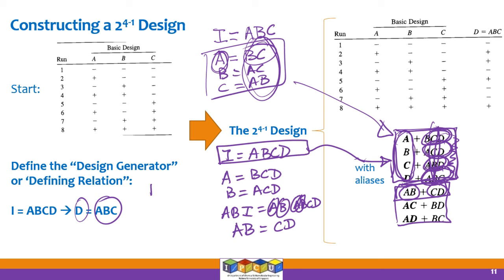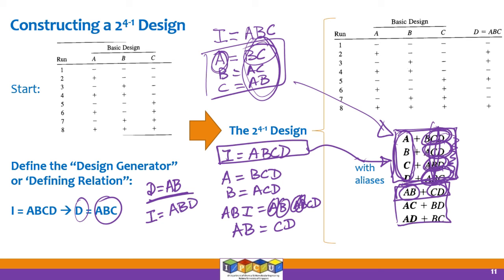On the other hand, if you choose D is equal to AB, you can try and work out what will happen if you chose your D column to be just A times B. That means your defining relationship is I is equal to ABD.